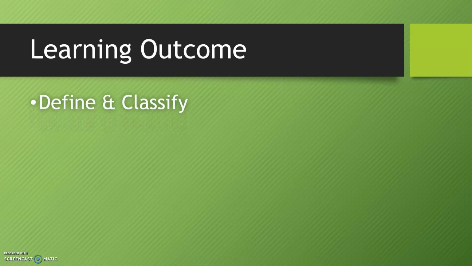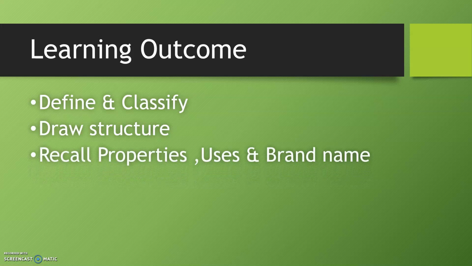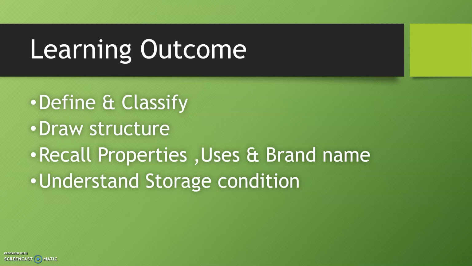The learner will be able to define and classify anticonvulsant drugs, draw the structures of the different drugs classified into anticonvulsant drugs, recall the properties, uses and brand names, and understand the storage conditions. These are the four important learning outcomes of this anticonvulsant topic.